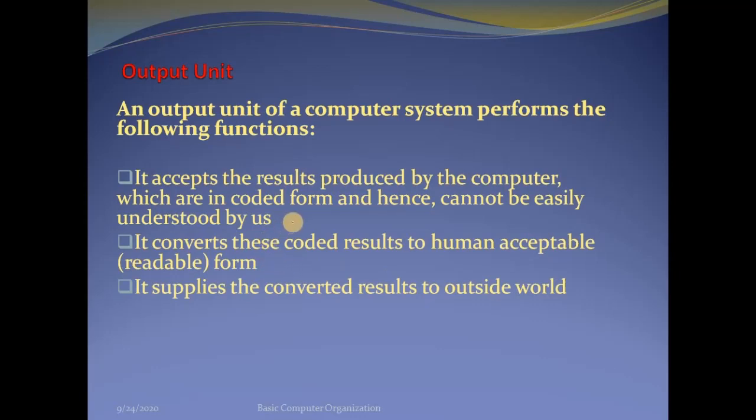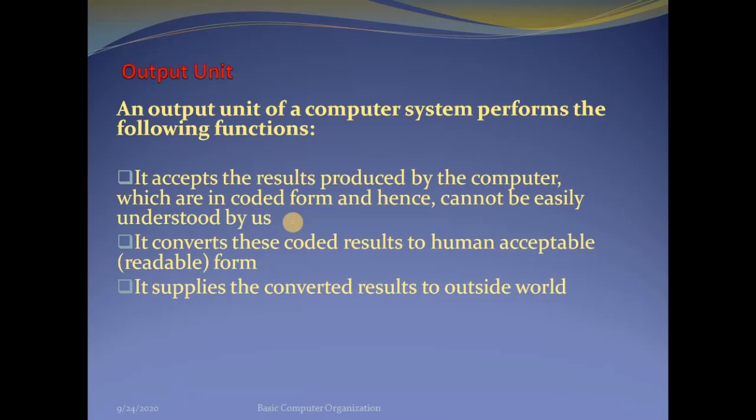In short, it performs exactly the reverse operation of the input device, because human beings can understand only high level language, like English-like languages, digits 1 to 10 and alphabets A to Z, but we don't understand machine level language or assembly level language, zeros and ones. It becomes very difficult for us to convert everything, so we don't understand this language.